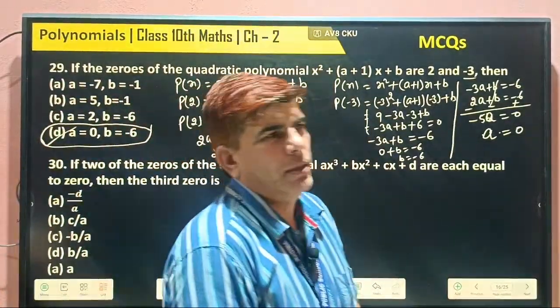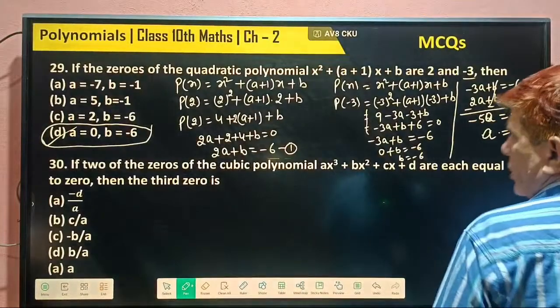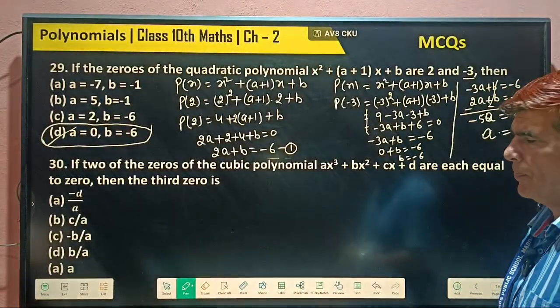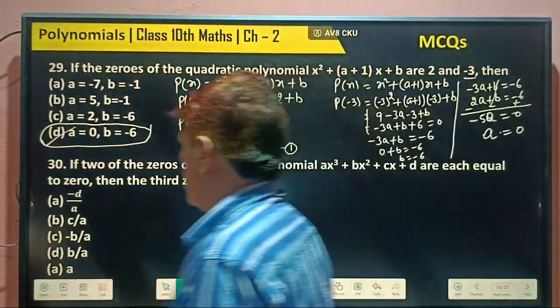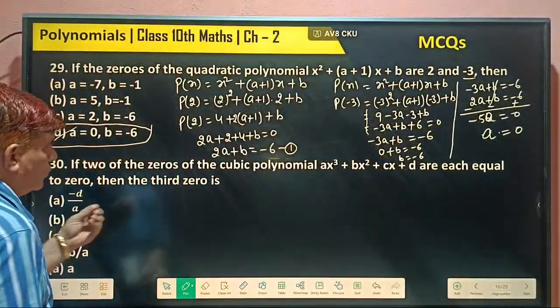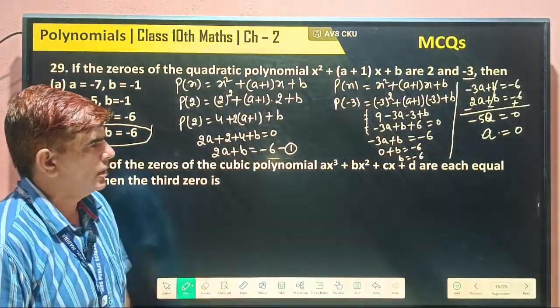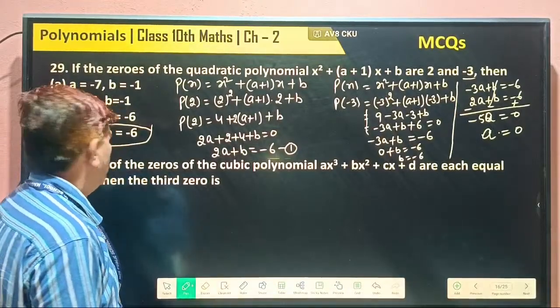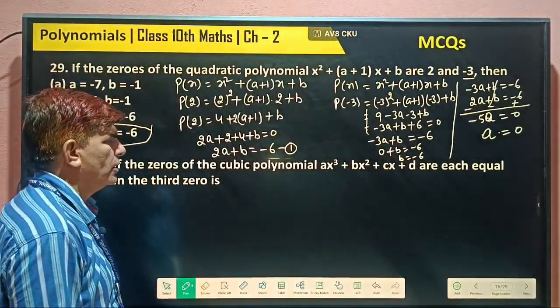These are very easy. Question number 30: if two of the zeros of the cubic polynomial are each equal to 0, then find the third zero.